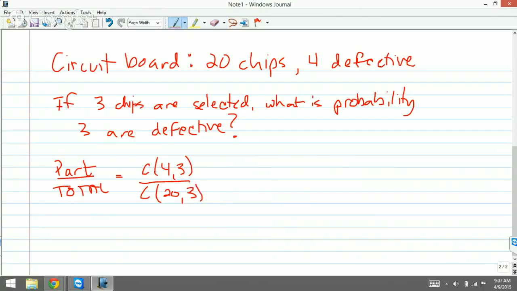Now you can do 4 nCr 3 divided by 20 nCr 3. That gives 0.0035087719.